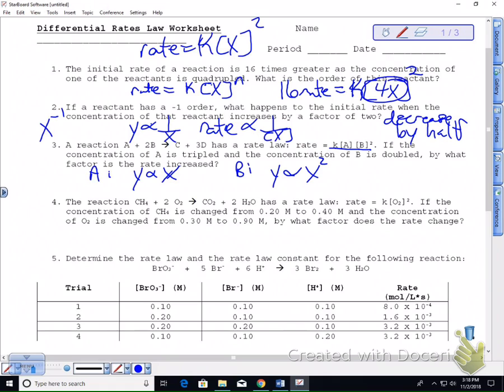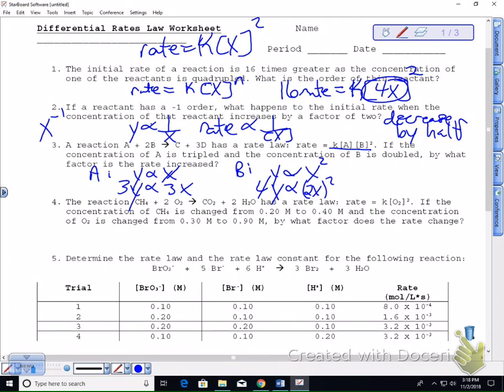If I triple A, 3X is going to give me 3Y. That is what it means to be first order, linear. And then for B, if I double B, again, I know my algebra here is not really kosher, but if I double that quadratic function, I'm going to get 4 times out.